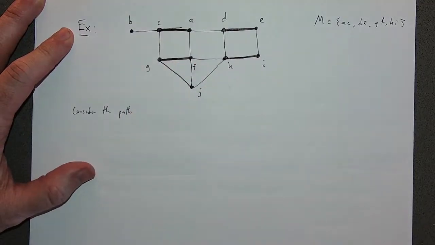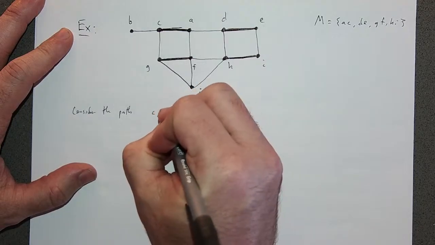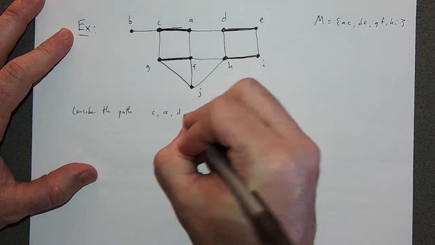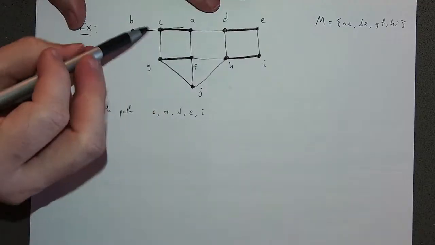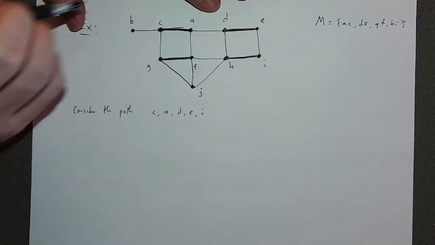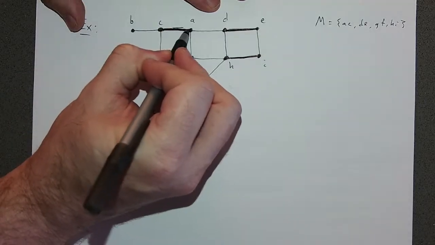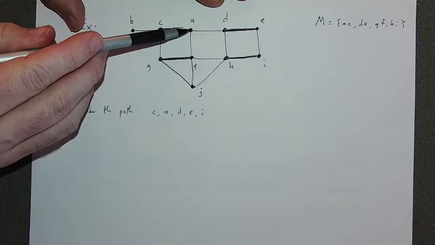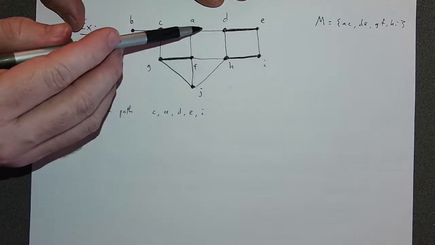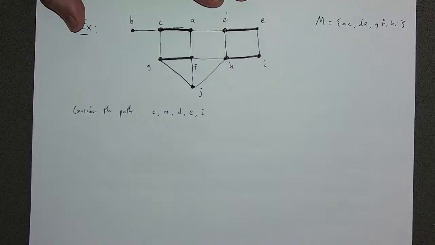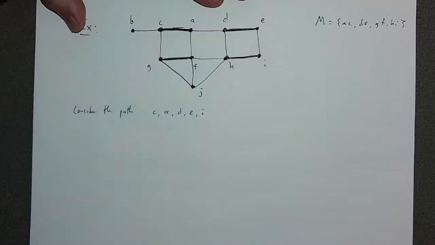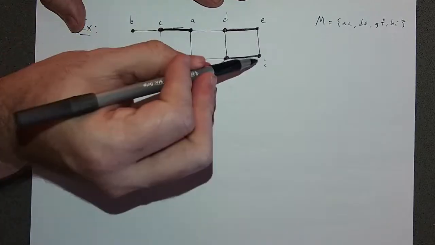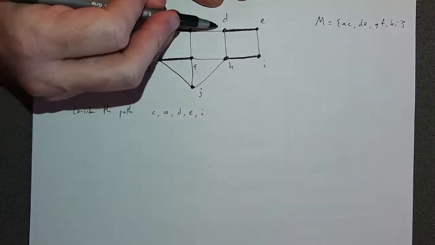Let's consider the path that begins at C. So C, A, D, E, I. So it starts at C. It's from C to A. So that is an edge in the matching M. The next edge goes from A to D. That is an edge not in the matching M. The next edge is from D to E. That is an edge in M. The next edge is from E to I, which is an edge not in M. So we have a path from C to I. It goes like this: C to A to D, D to E, E to I.